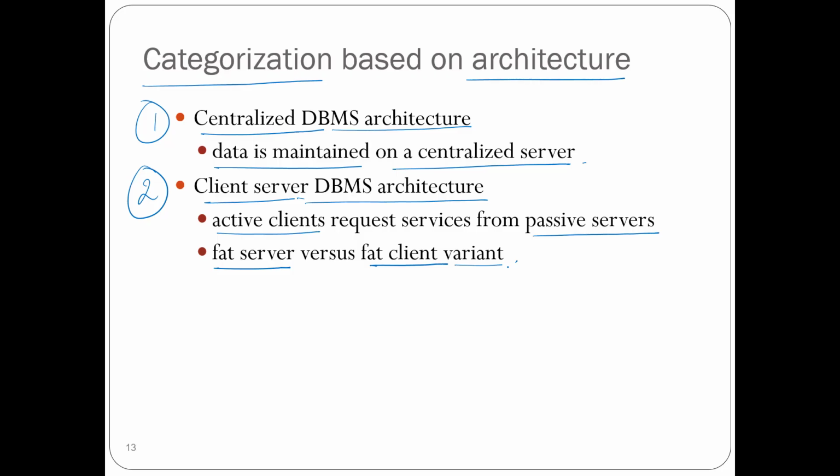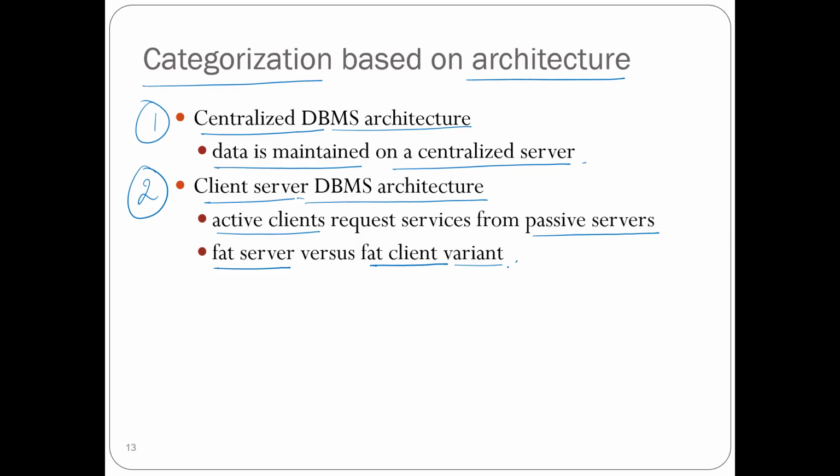This feature of fat determines the computation. If you are putting more computation on the server side of the client server DBMS architecture, then it will be called fat server. If you have more computation on the client side, then that will be called the fat client variant.